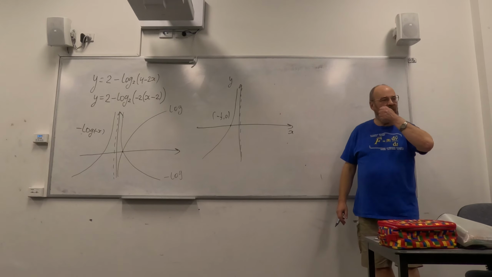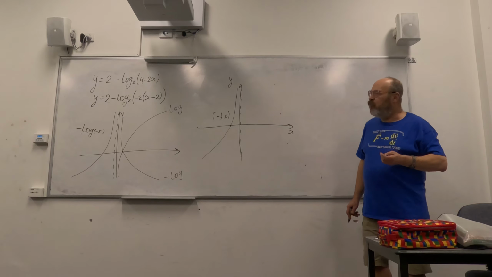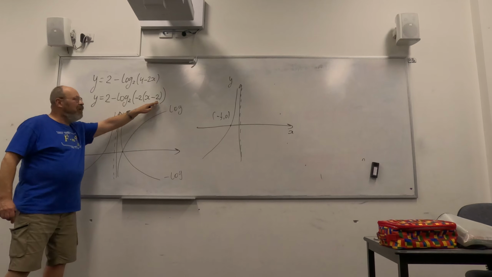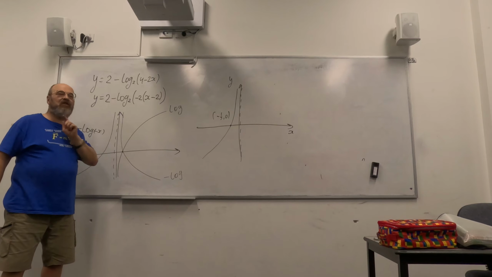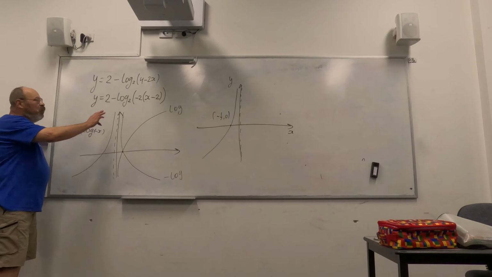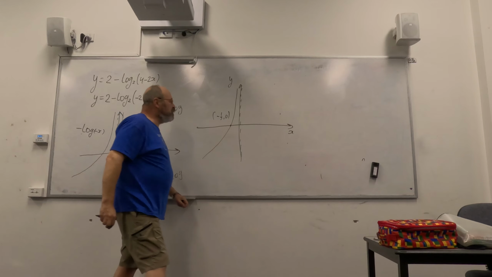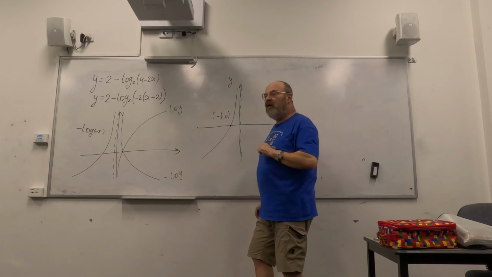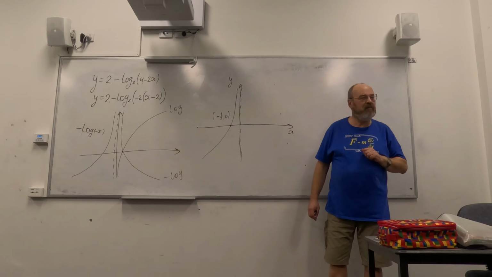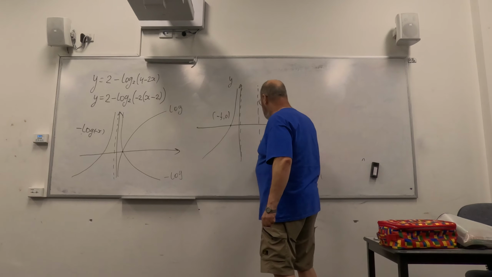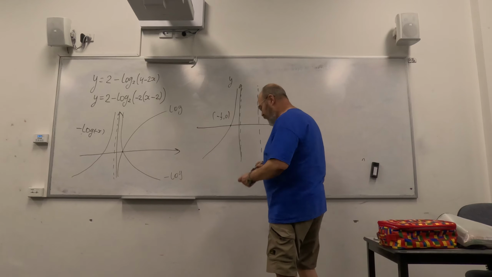Shouldn't there be an asymptote at 2? We have not accounted for translations yet. We only accounted for two reflections and dilation. Now, translation 2 to the right: what will happen with the asymptote? Now the asymptote will become x equals 2.